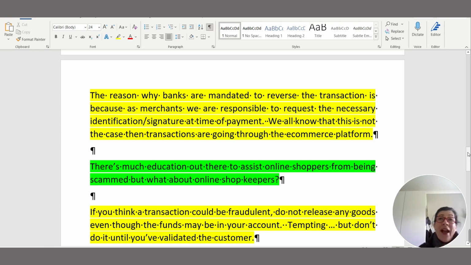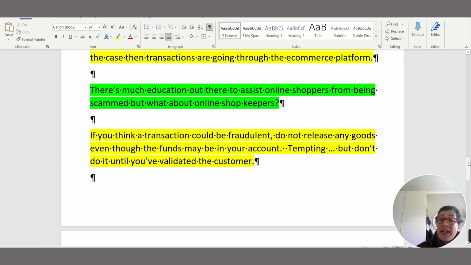So we do have some tips that we shared last week about how to identify potential fraud taking place online. And then, of course, we're going to include some tips below. I see that there is a lot of education out there for people who are shopping online so that they are not scammed.